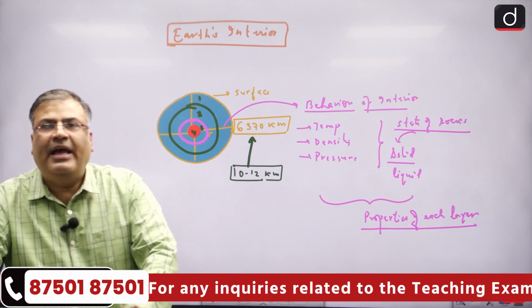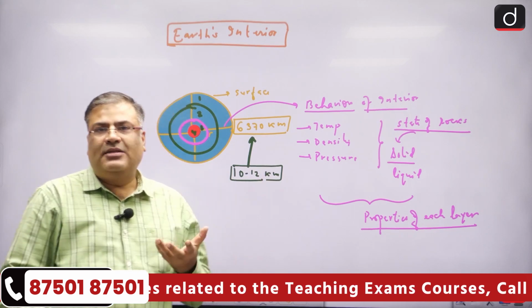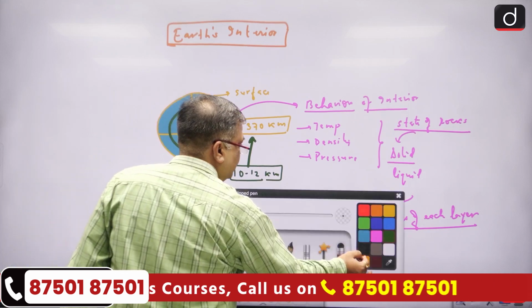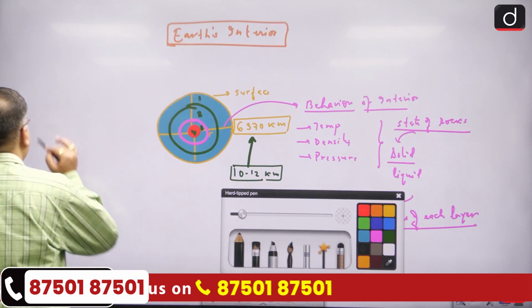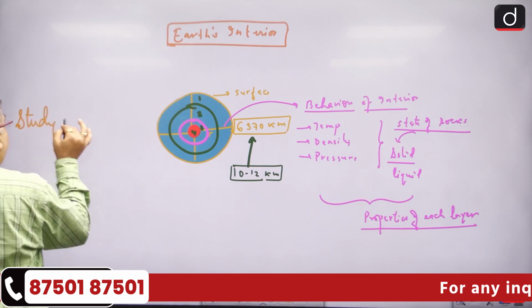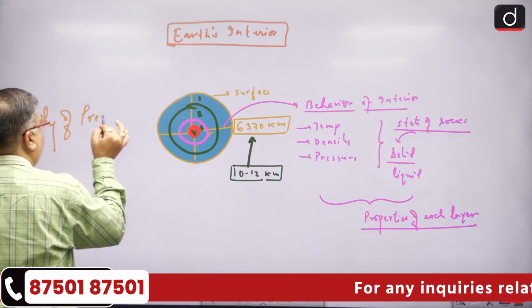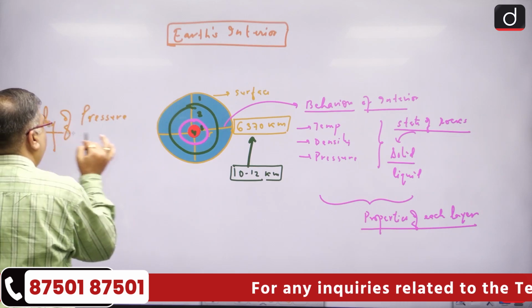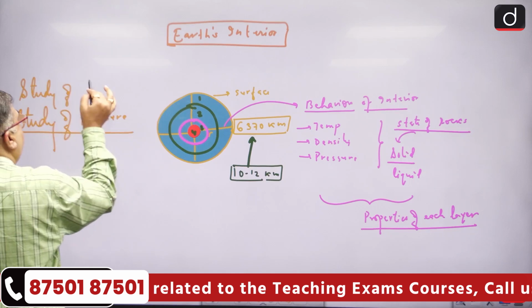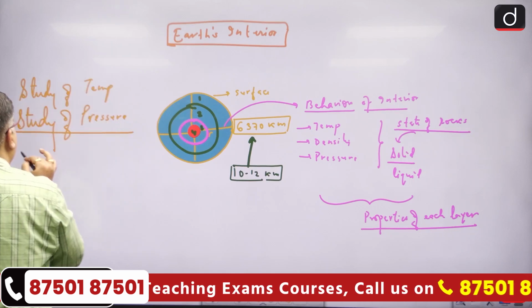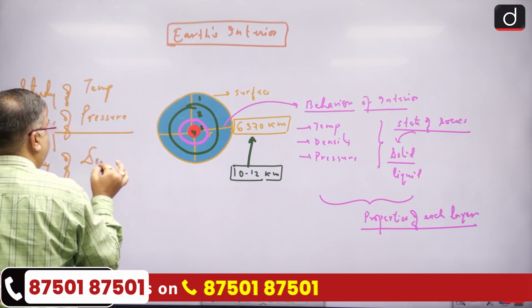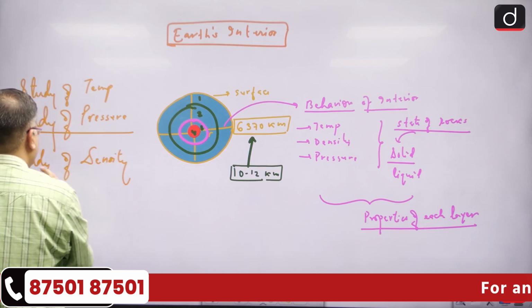This is why we apply some other assets, some other methods to know about interior, and this method includes study of pressure. Before this, a study of temperature, and the study of density.